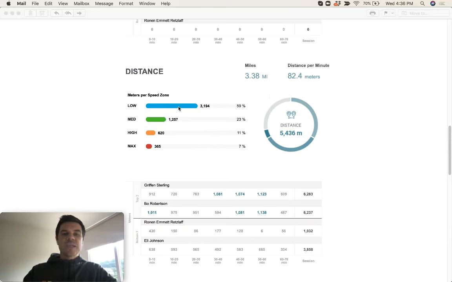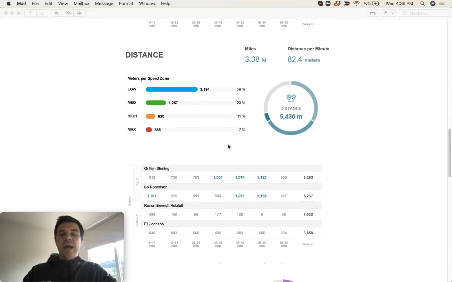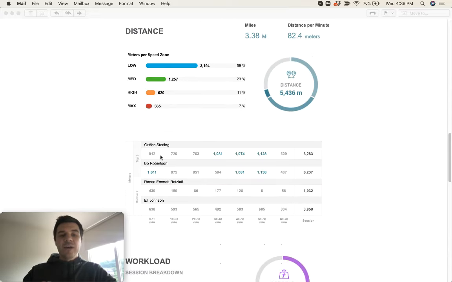You can also see this was our total distance, and how that's broken down across the speed zones: low speed, which is essentially walking, medium speed, high speed, and then maximum speed. For this session, a lot of their distance was spent running at low speeds. Similarly, beneath that, you've got the top 2 players in terms of their distance versus the bottom 2 players and their distance. And again, where did that distance accumulate throughout the course of the session?